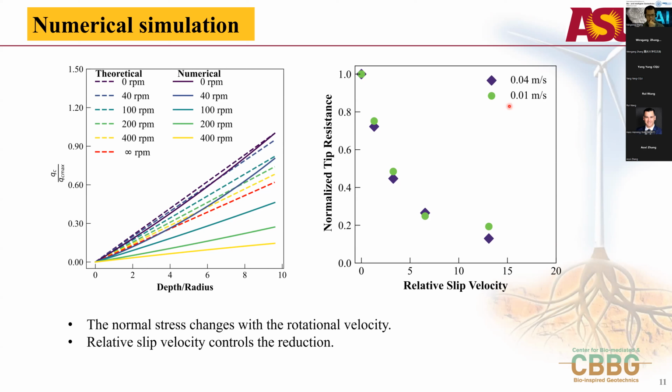One is with a vertical velocity of 0.01 meter per second, and another one is 0.04 meter per second, which means the rotational velocity also changes. Here is the normalized penetration resistance. We can see under the same relative slip velocity, the normalized penetration resistance is almost the same. So which means the relative slip velocity controls the reduction of the penetration resistance.